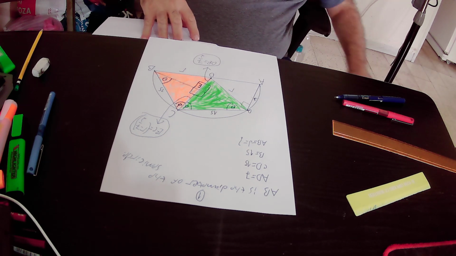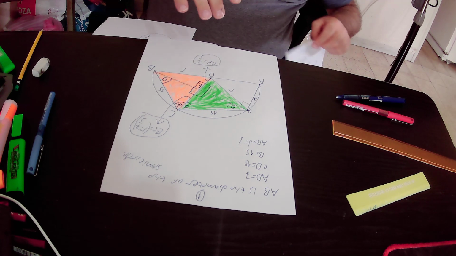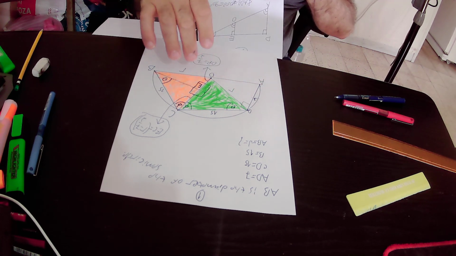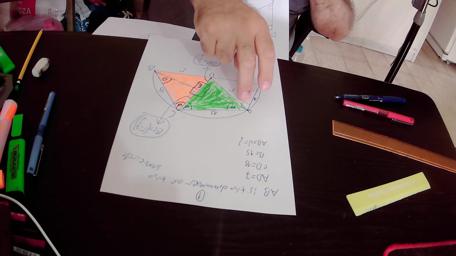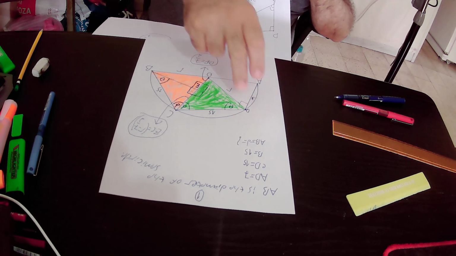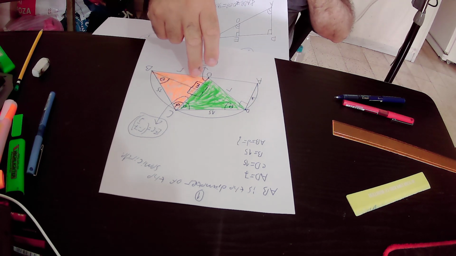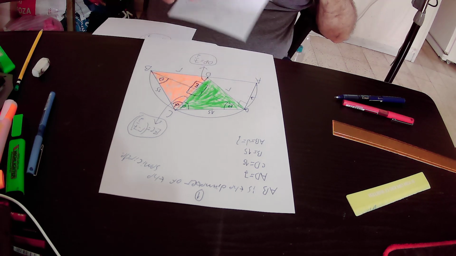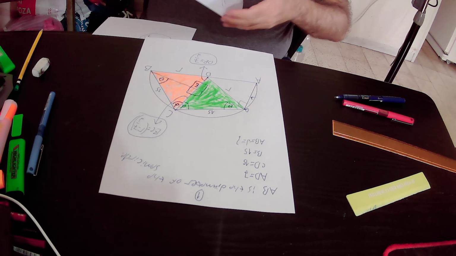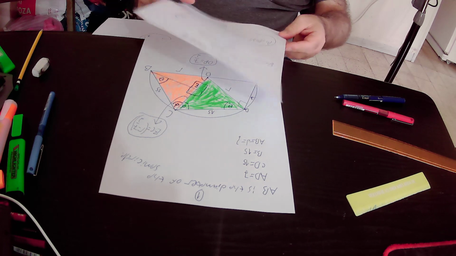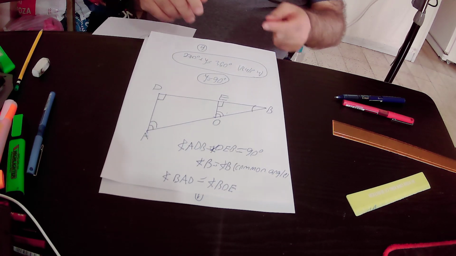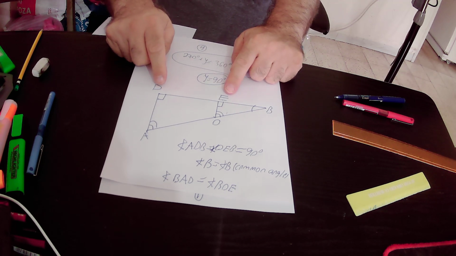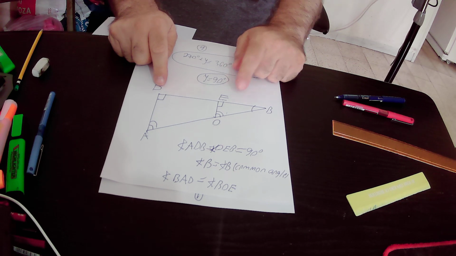Then we focused on the right triangle ADB and the right triangle OEB. Triangle ADB is a right triangle because this angle is a right angle, and triangle OEB is a right triangle because this angle is a right angle. So I draw these two triangles again, and we know that those two angles are equal to each other because they are both equal to 90 degrees.